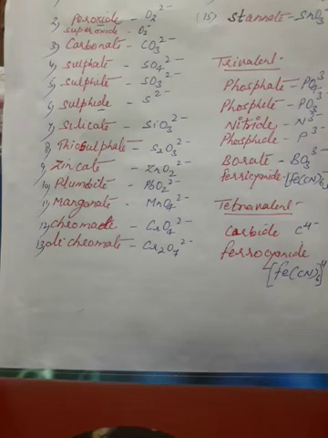Okay, so ferricyanide valency is 3 minus and ferrocyanide valency is 4 minus, tetravalent. Tetravalent only 2 you will study, one is carbide. Carbon will form carbide. Okay, but carbon will not gain electrons. So here carbon valency is 4, tetravalent carbide, and ferrocyanide is also tetravalent, Fe(CN)6. So compare like ferricyanide and ferrocyanide, learn together permanganate and manganate, and then phosphate, phosphite, sulfate, sulfite, nitrate, nitrite. All these things you try to learn like this.